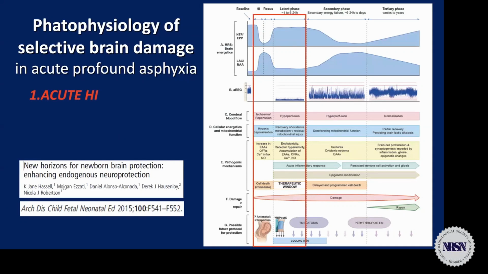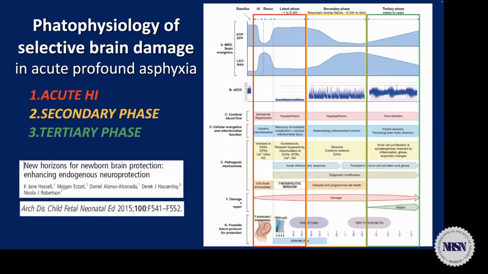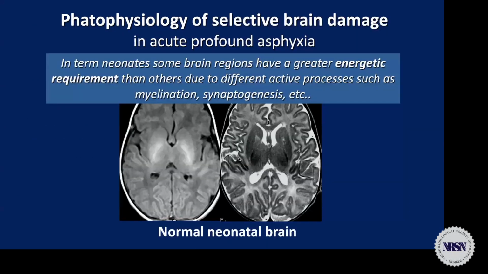And in this model, we can find a different condition in the acute phase, in the secondary phase, and we can encounter also a tertiary phase. What happens in the acute phase? In the acute phase, what is damaged is what is metabolically more active.